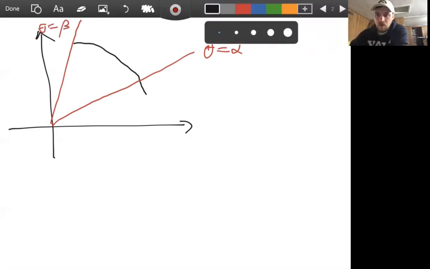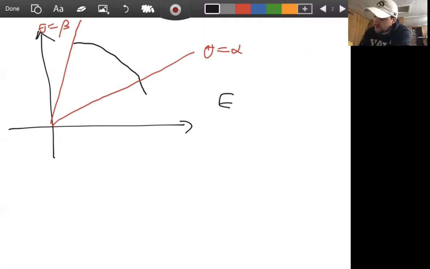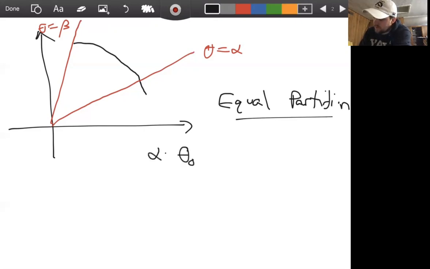Usually what we try to do is start with an approximation by giving some equal partition into a finite number of subintervals. So let's get an equal partition here. And let's call theta 0 to be alpha. And then we'll partition this by the rays theta 1, theta 2, etc. We'll go all the way up to theta n, which will be beta.